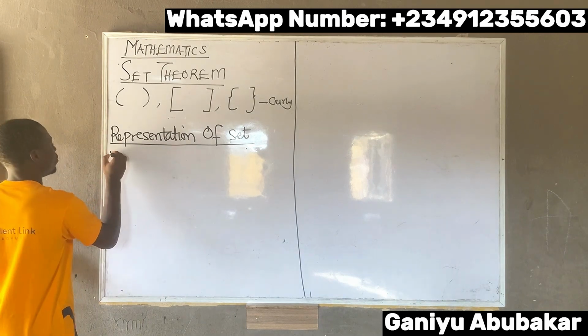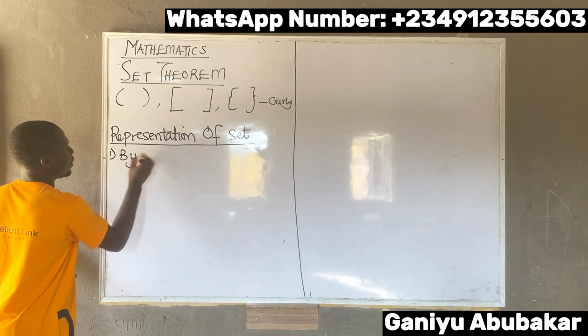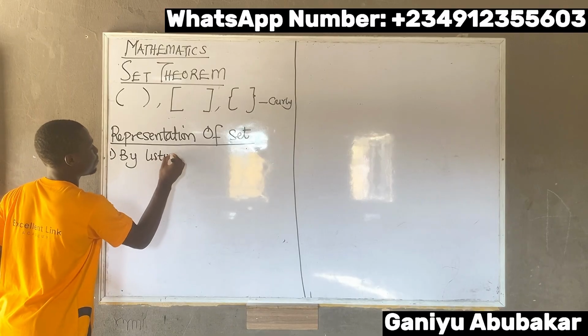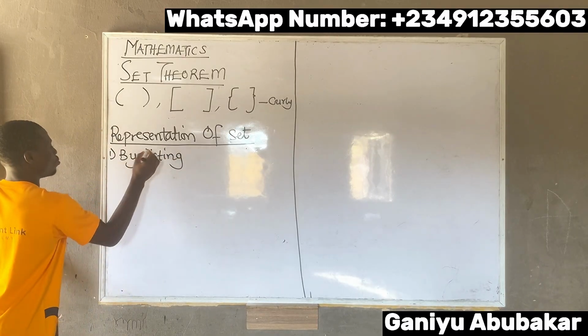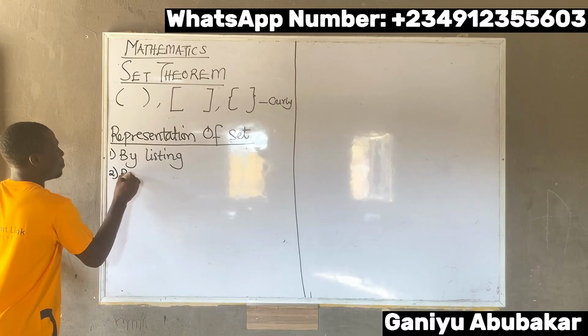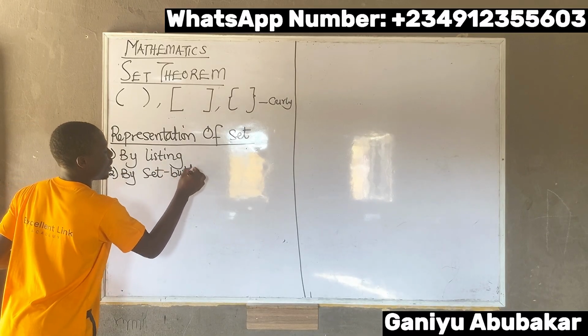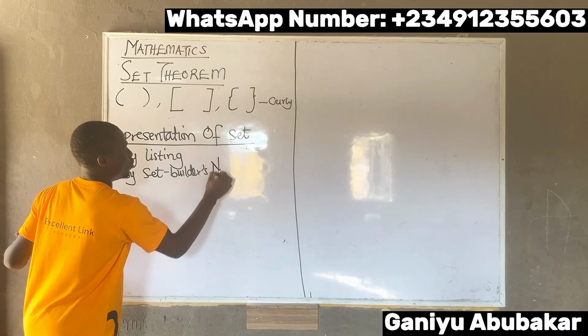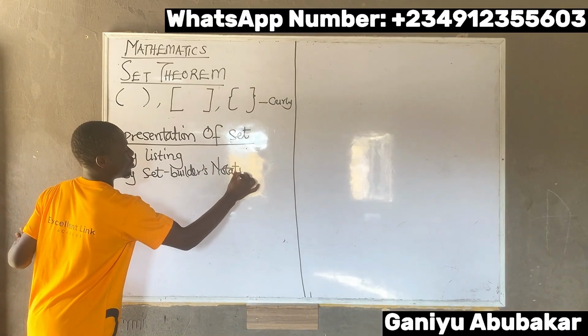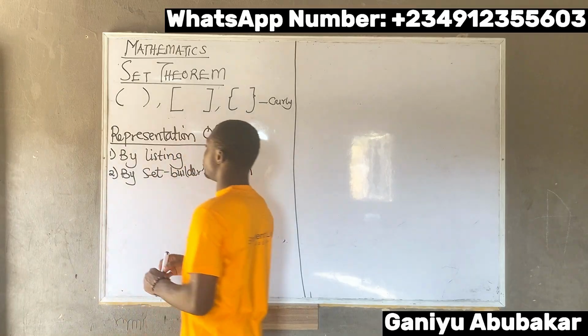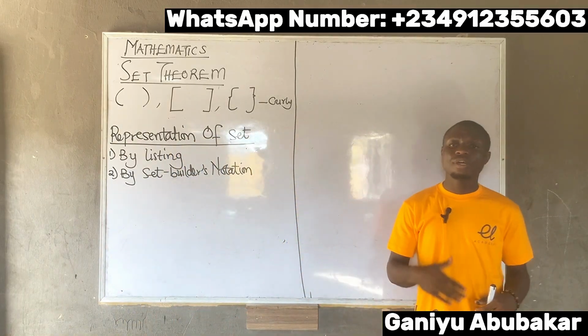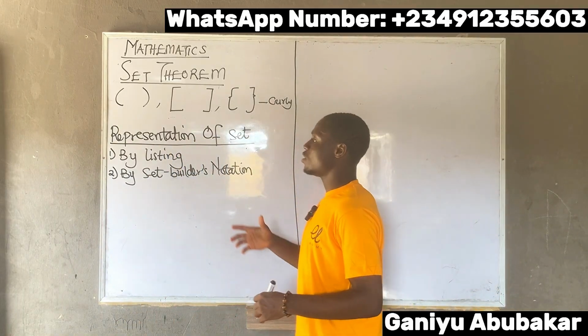Number one, by listing, and number two, by set builder notation. Number one is called by listing. Number two is called by set builder notation.